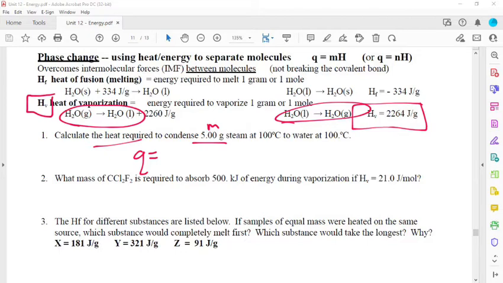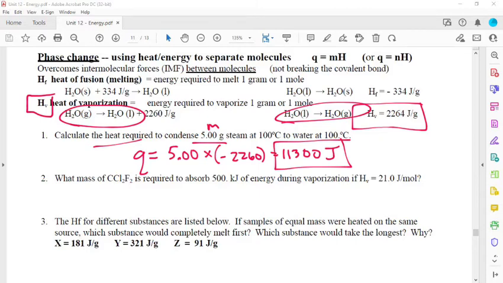So we're going to take our m of 5 and multiply that by our negative 2260, which gives me 11300, and that would be, actually that's joules, not kilojoules this time. You need to keep an eye on the units for energy that are in that H value there. So because that was just plain old joules, my answer is going to be just plain old joules.